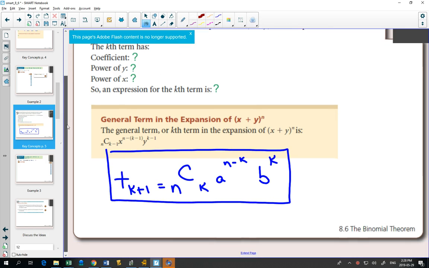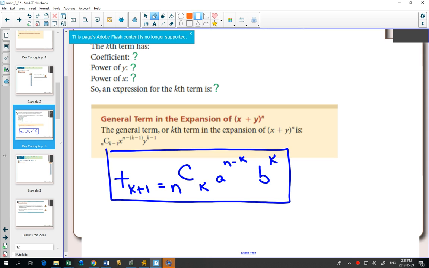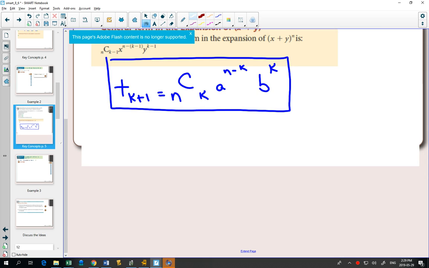What we're going to add to this is some notes that are going to be important to help us understand this formula. It's a T. This part here is telling you which term it is. It's term k plus 1.